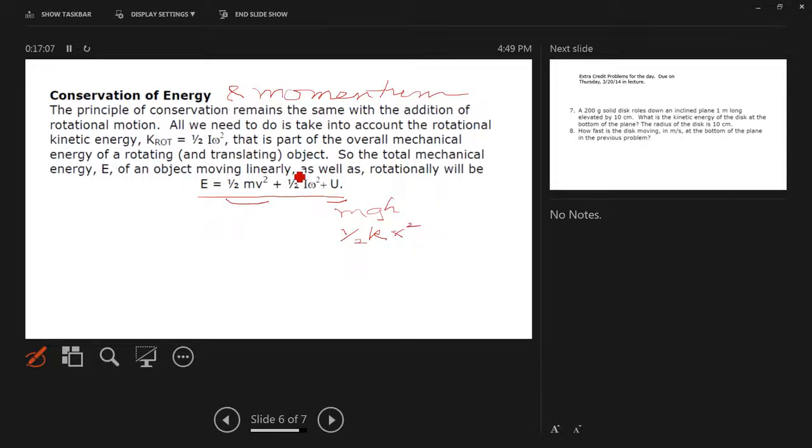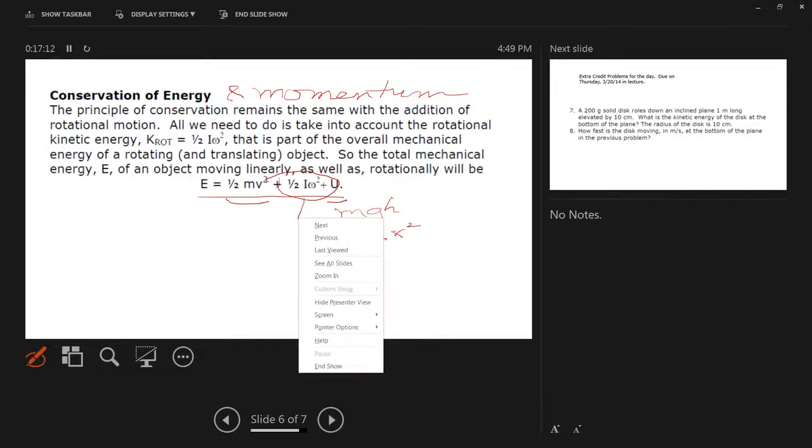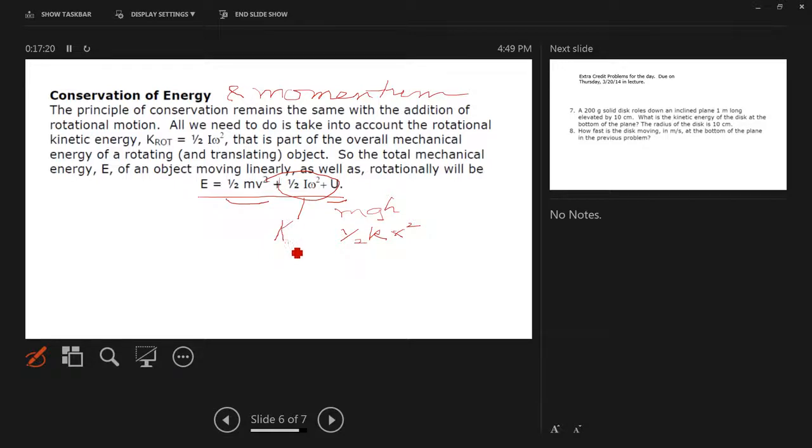But the new term in here is the energy associated with the rotational motion, rotational kinetic energy, 1/2 I omega squared. You can call that K sub r if you want.